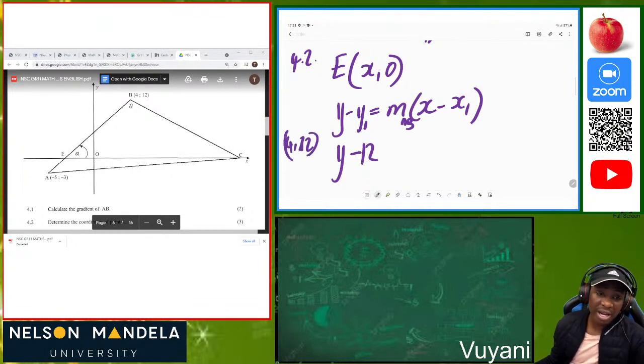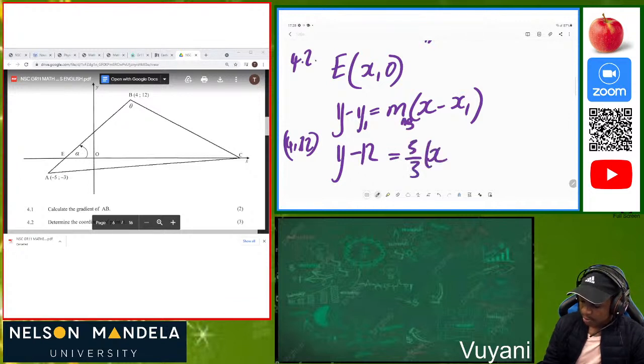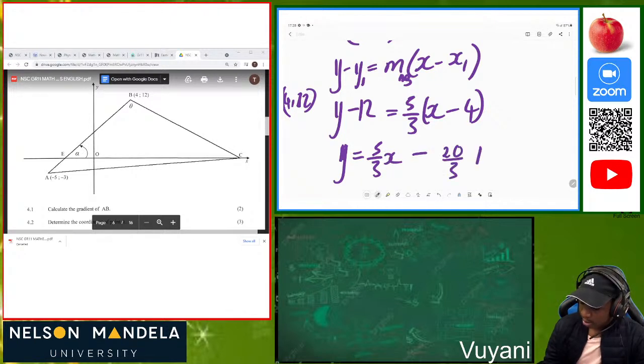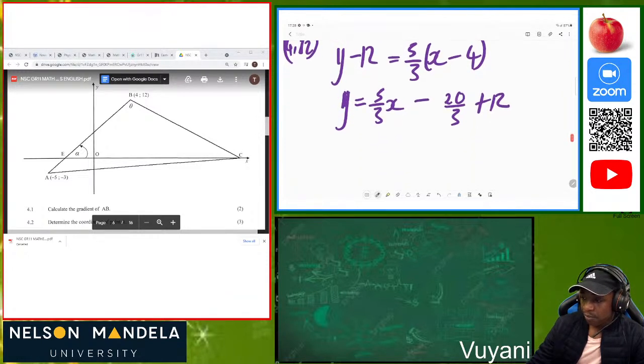You can choose point A or point B, but I choose point B. So we have y minus 12 equals 5 over 3 times x minus 4. We end up having y equal to 5 over 3 x minus 20 over 3 plus 12.